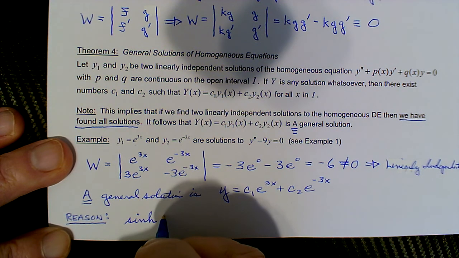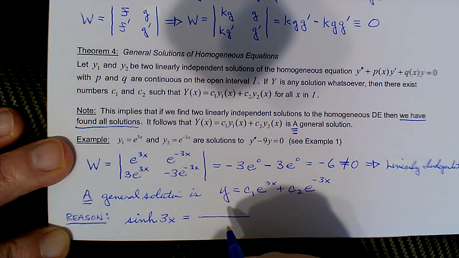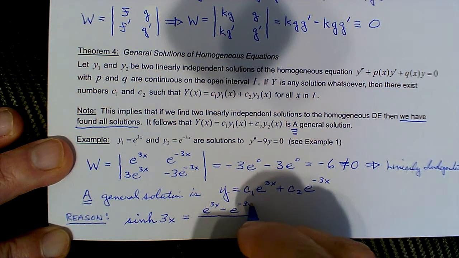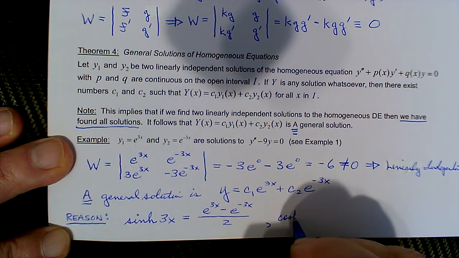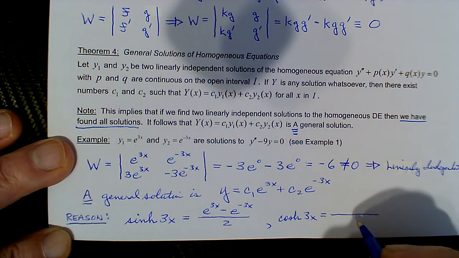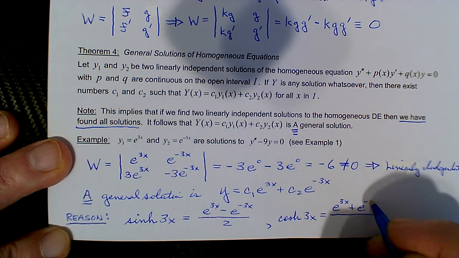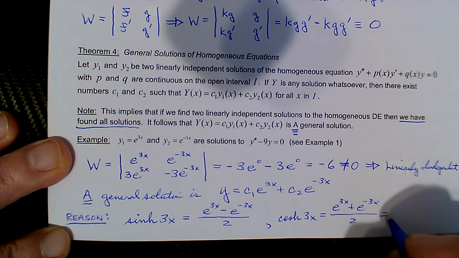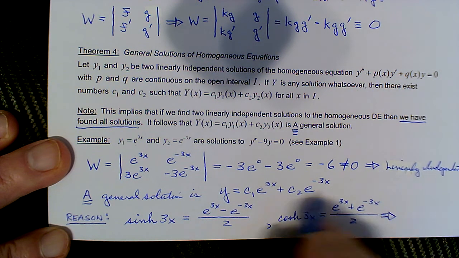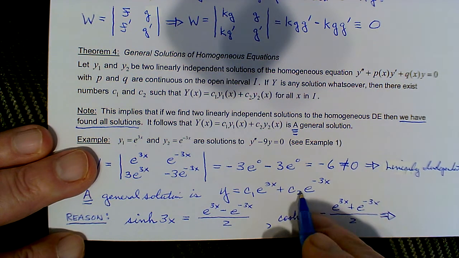of, let's say, 3x is, by definition, e to the 3x minus e to the negative 3x over 2, and the hyperbolic cosine of 3x, by definition, is e to the 3x plus e to the negative 3x over 2, where these are just linear combinations of the previous c1 e to the 3x, c2 e to the negative 3x.